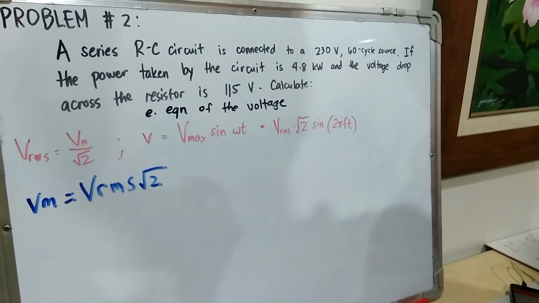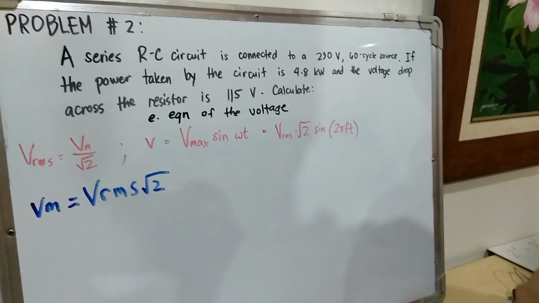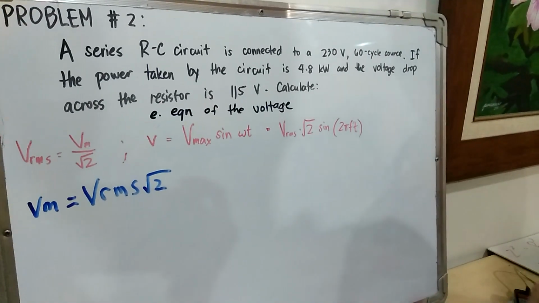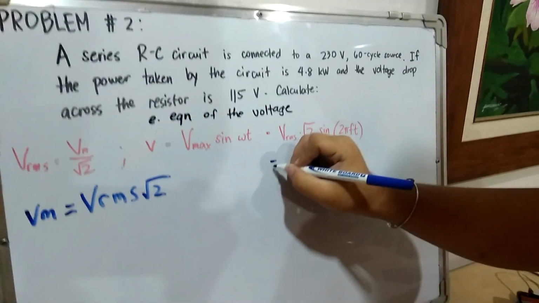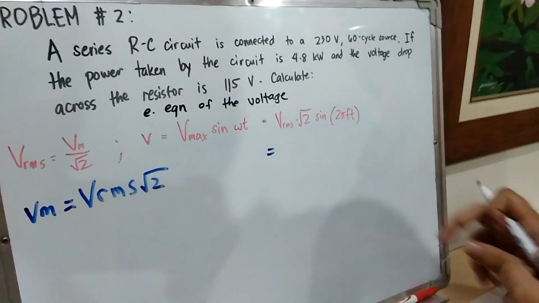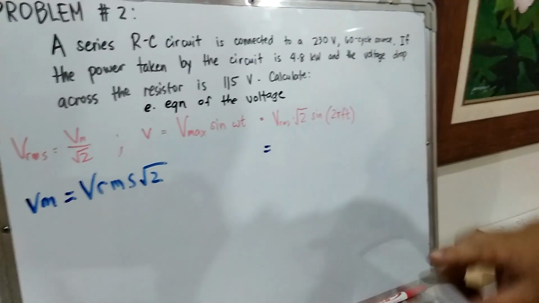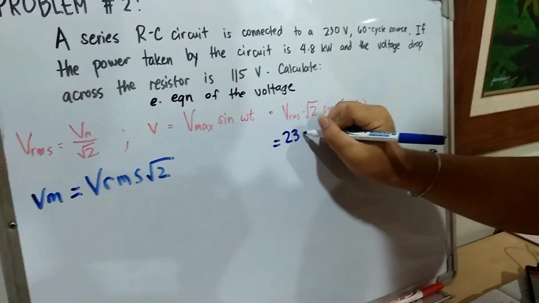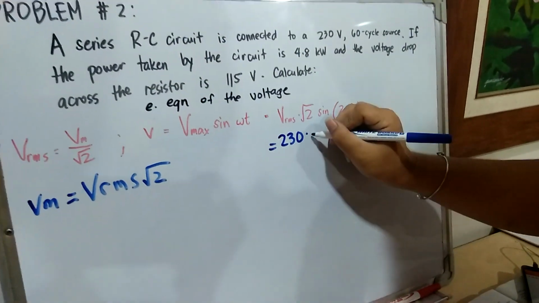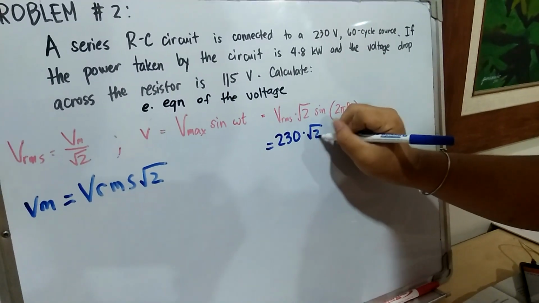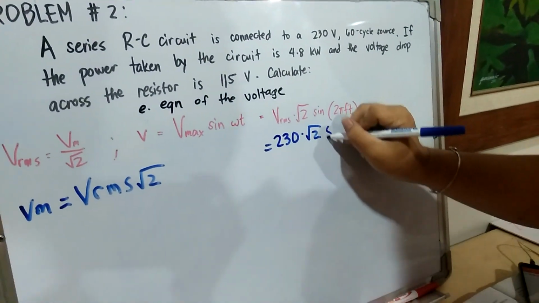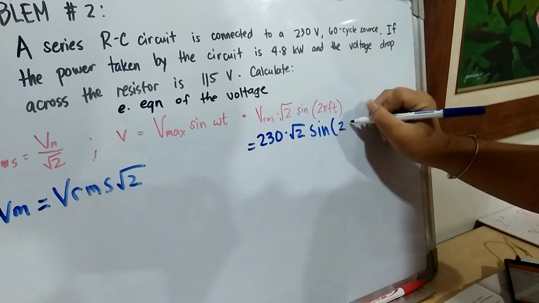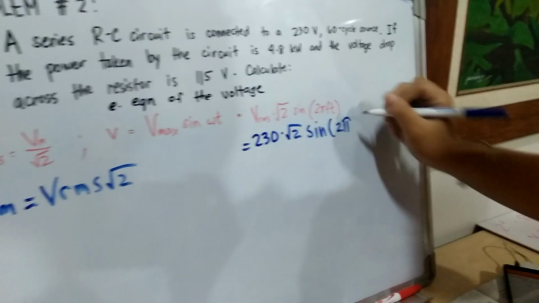sine omega t. Omega t is equal to 2 pi f. VRMS is assumed to be 230 volts, sine 2 pi times 60.